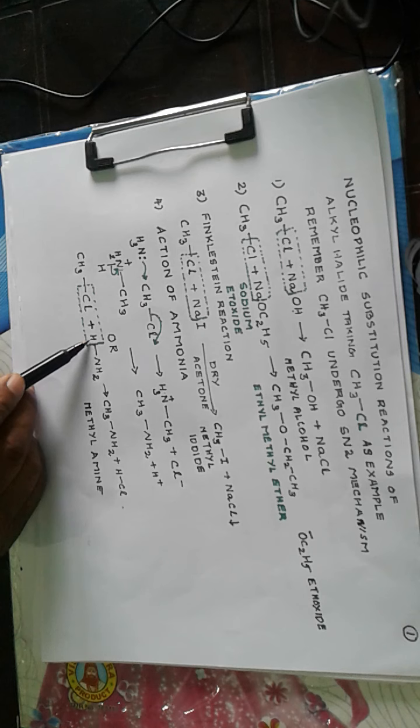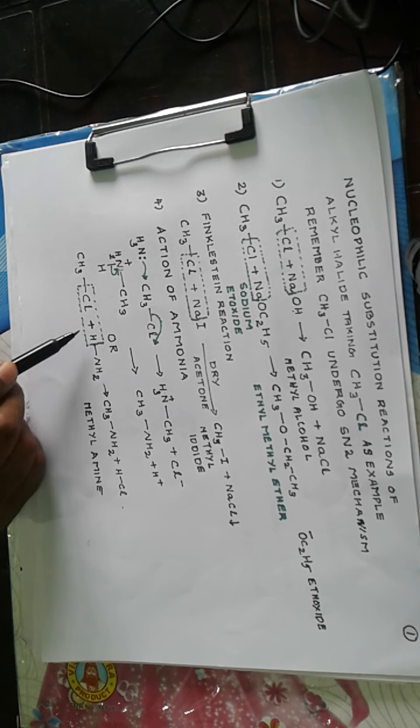We can simply represent the reaction as CH3Cl plus HNH2. Then the HCl part is taken in a box and removed, so CH3 with its valency will combine with NH2, producing CH3NH2, that is methylamine. So a simple equation.